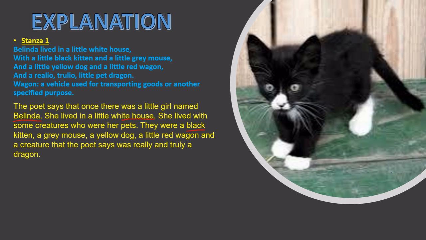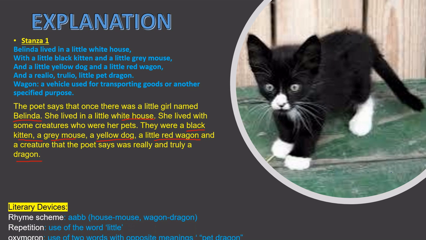A black kitten, a grey mouse, a yellow dog, a little red wagon, which is actually a vehicle, and a creature that the poet says was really and truly a dragon. So these are the creatures or the pets who lived with the little girl Belinda.